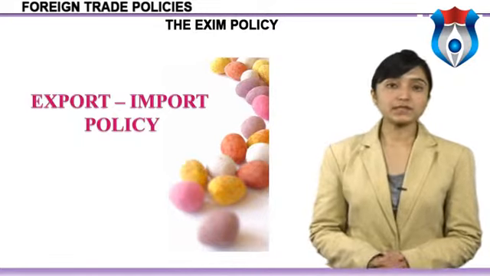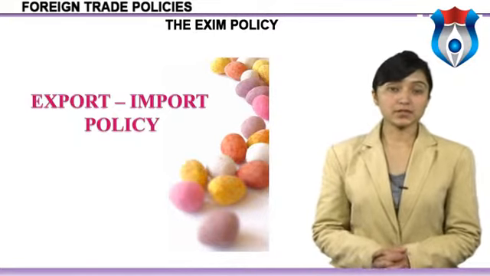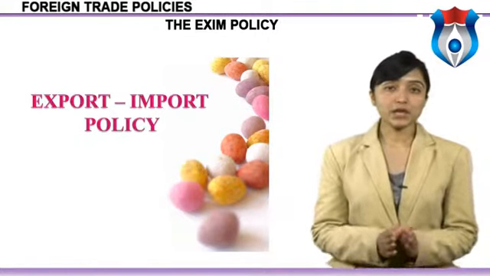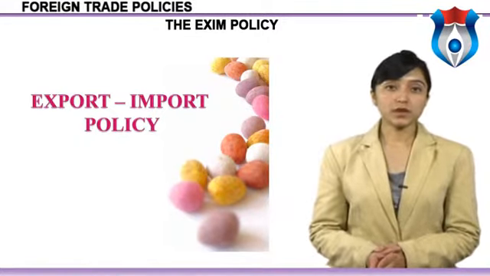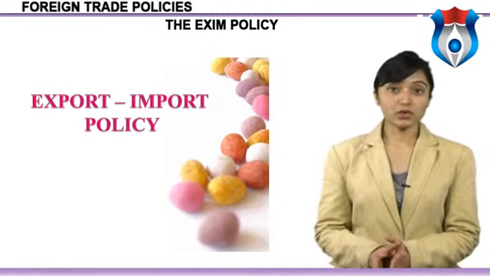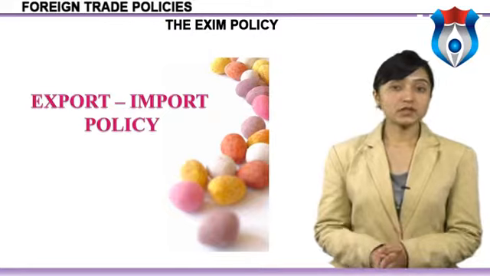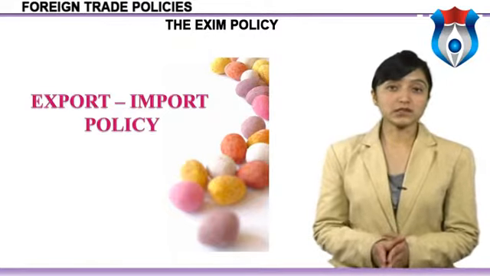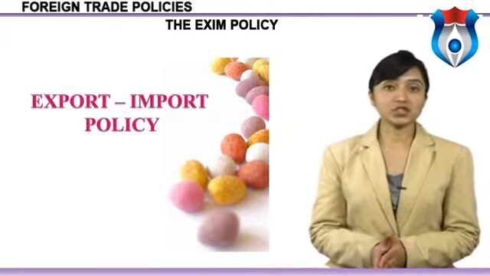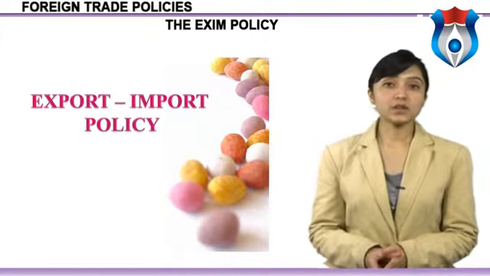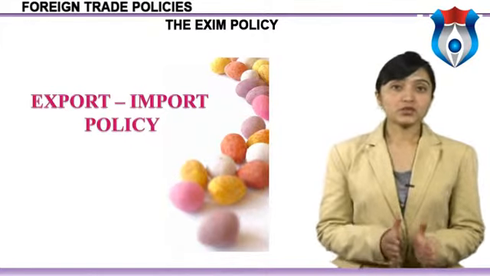The items deleted from this list after the amendment are the petroleum products, namely aviation turbine fuel, bitumen, asphalt paving grade, crude oil, furnace oil, high-speed diesel, kerosene, LPG (liquefied petroleum gas), motor spirit, naphtha, raw petroleum coke, gum karaya.